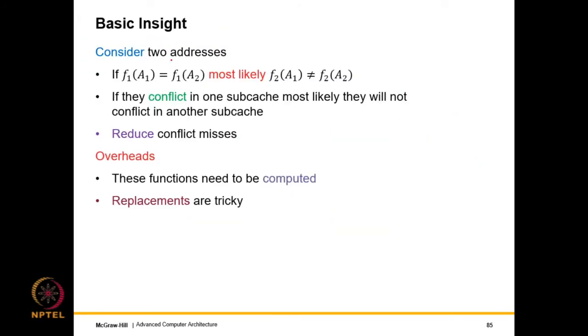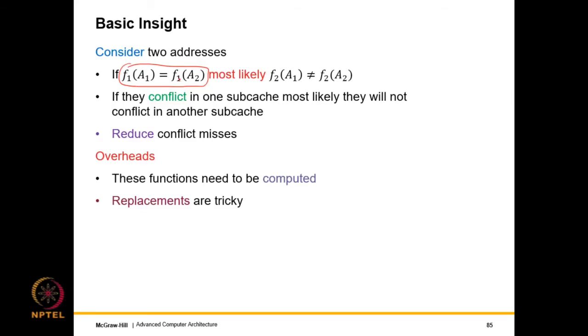The beautiful property is, consider 2 addresses. Again, they are block addresses in the context of this discussion. Let us say that they are colliding in subcache 1, in the sense f1(a1) is equal to f1(a2).